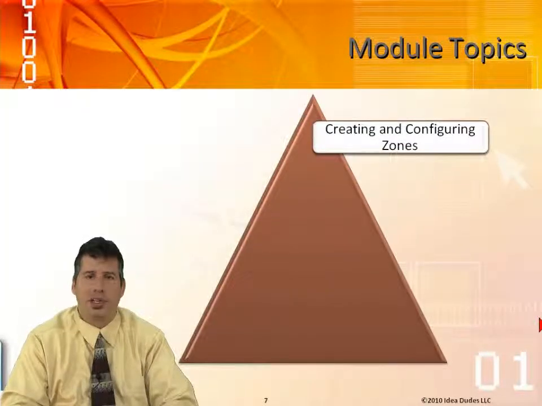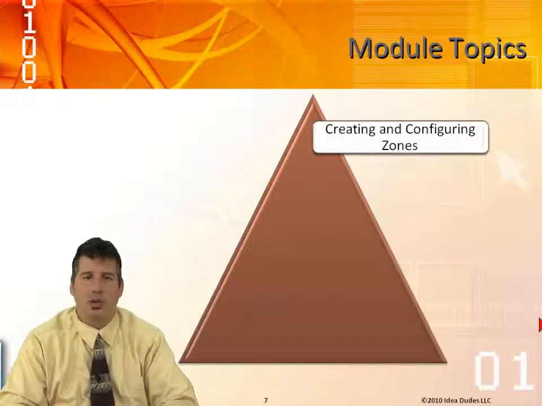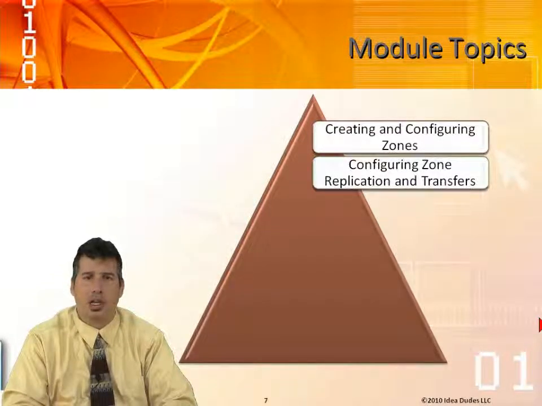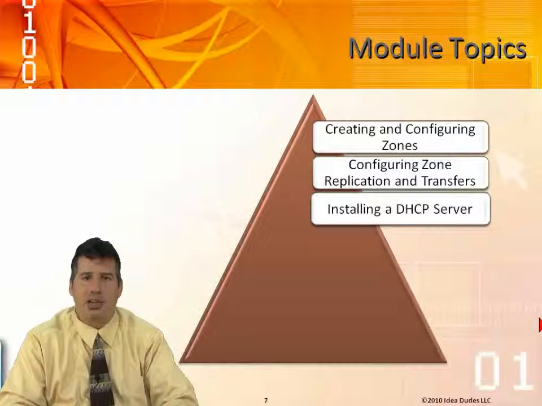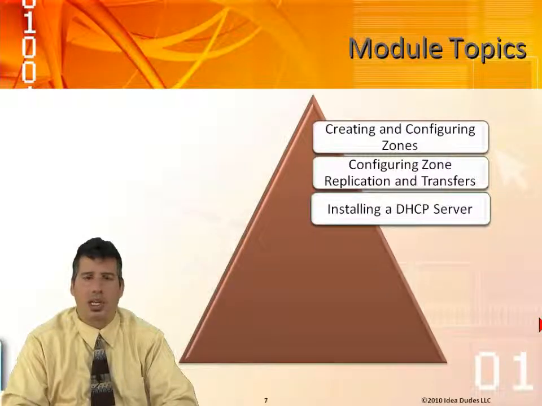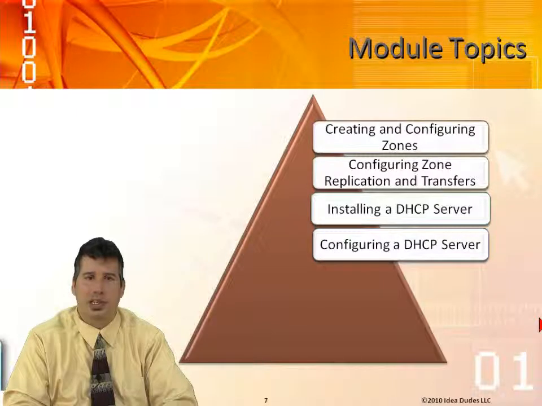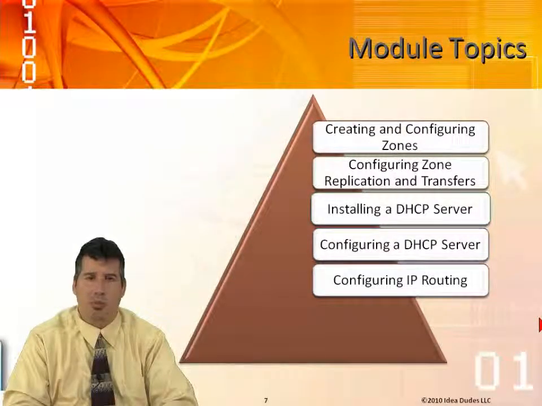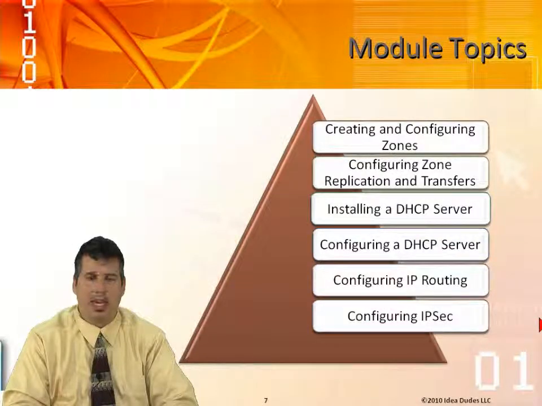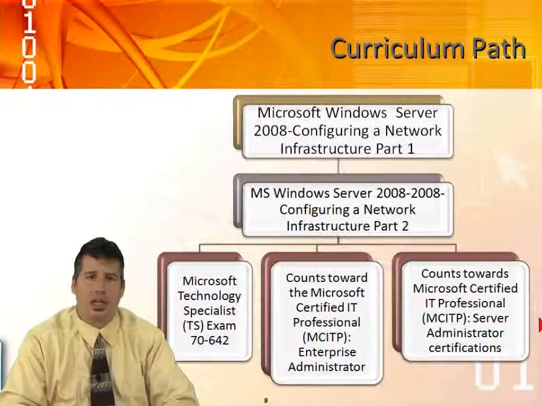Creating and configuring zones, forward lookup zones, reverse lookup zones. Replication and transfers, installing DHCP server so we can automatically give out IP addresses, configuring DHCP server, configuring IP routing, and configuring IPSec.